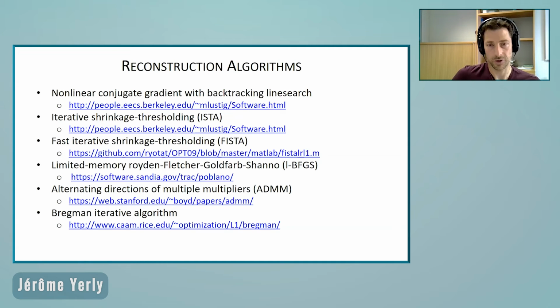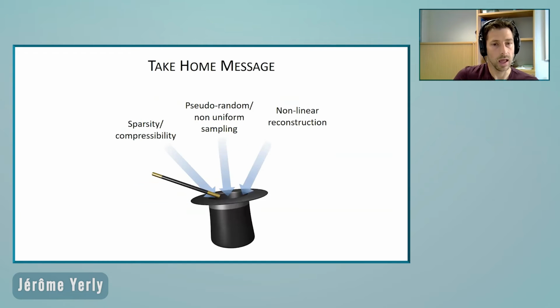If you want to get into compressed sensing, the good news is that you don't have to implement everything from scratch, since there are many implementations available online. And here I provide some links for you where you will find some of this MATLAB implementation for the different CS algorithms that exist.